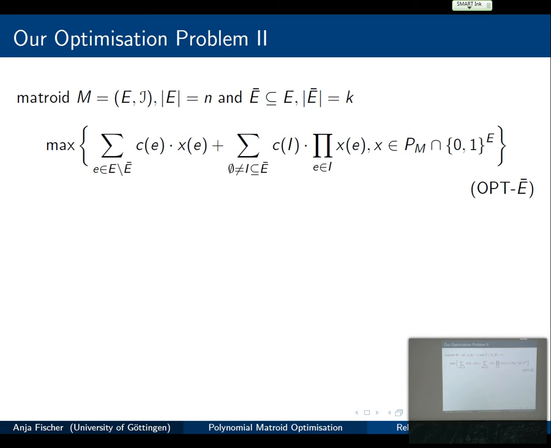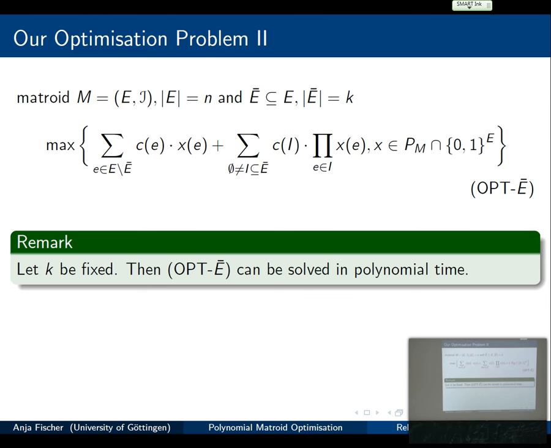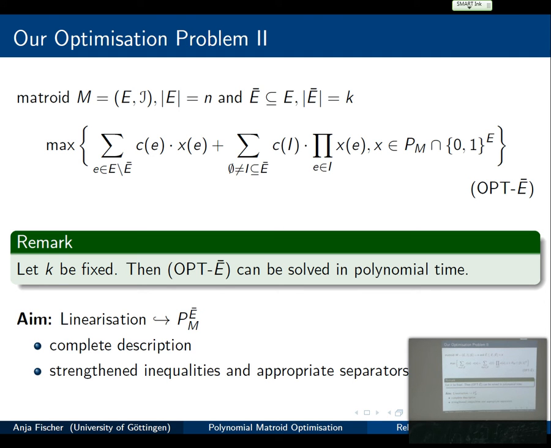For having our Matroid, it makes no real sense to do this in the unrestricted case, but here we need them. Okay, and if k is fixed, everything is fine, we can just check all these cases. So our aim is now to linearize again and try to find a complete description and some nice inequalities with some separators.